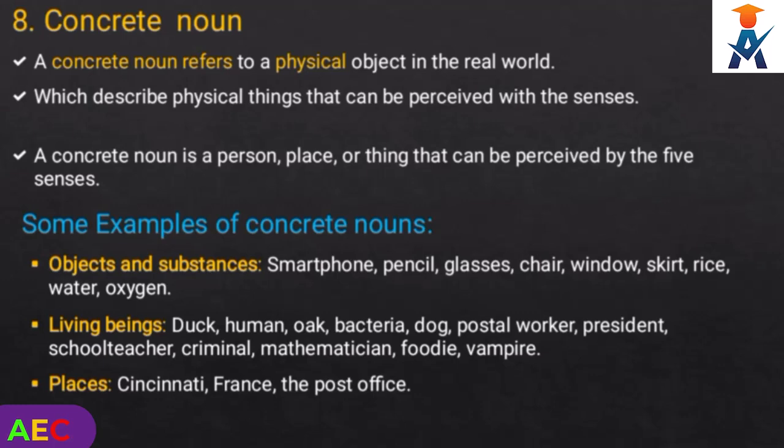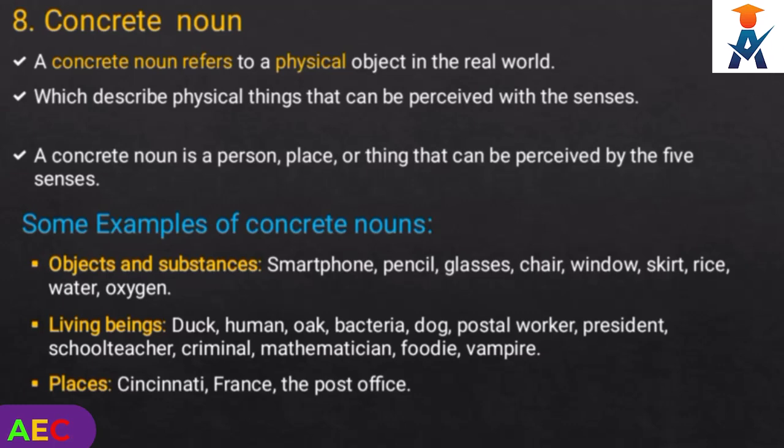The other type of noun is the concrete noun. Concrete nouns refer to physical objects in this world. That means concrete nouns refer to things that we can perceive with the five senses.